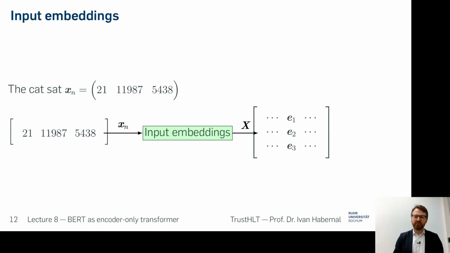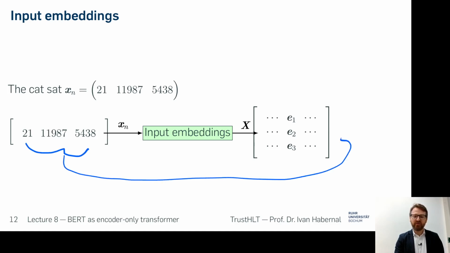I have a projection into some latent space of the embedding. The embedding dimension is something I decide, and I project it through this matrix. So this length corresponds to the number of rows here. Each input has a corresponding embedding, and this holds through the whole network. At the end of the network, I will have a number of embeddings corresponding to the number of inputs.